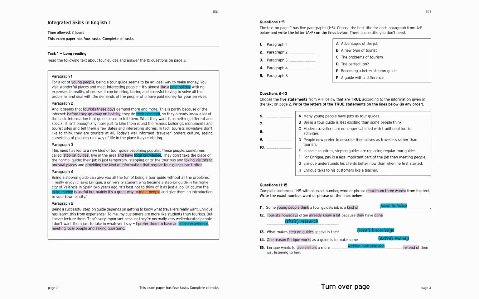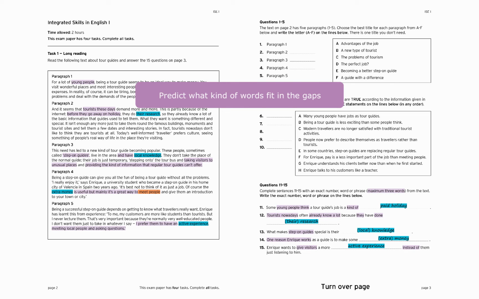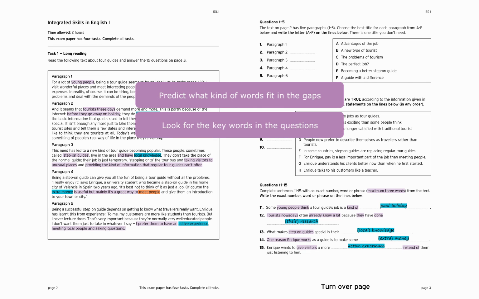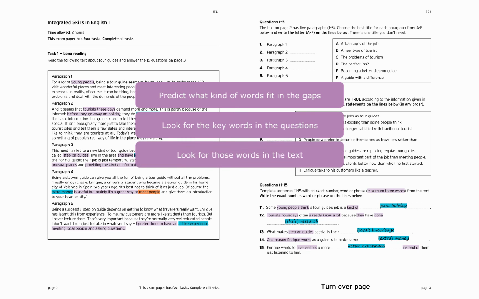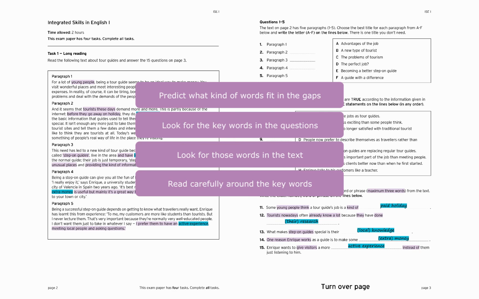Okay, well done. You have now done questions 11 to 15 of the long reading ISE 1. Just remember what we've done today. We have predicted what kind of words fit in the gaps. We then look for the key words in the questions. We look for those words in the text and then read very carefully right next to the key words.